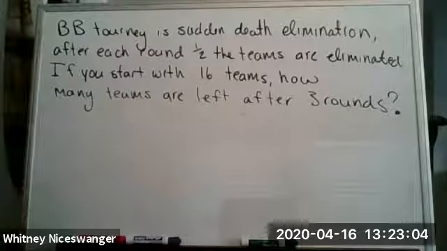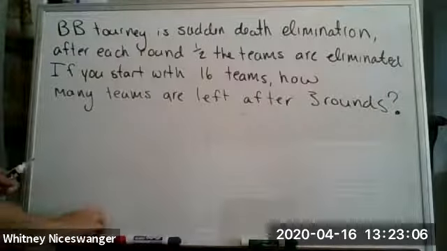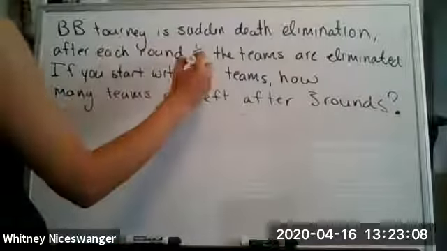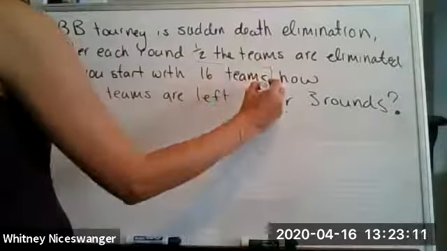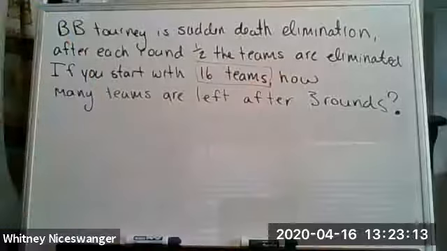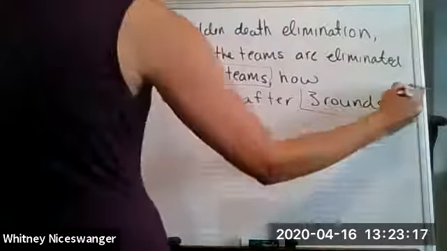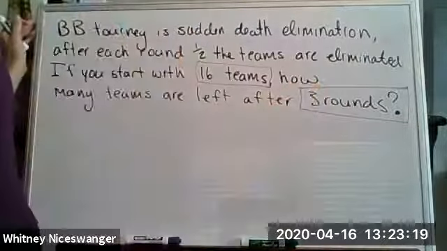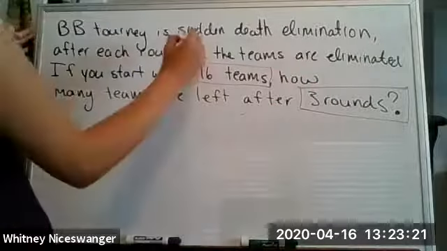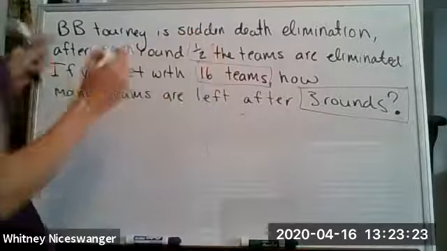So we want to know if we start with 16 teams, so our initial amount is going to be 16 teams, how many teams are going to be left after 3 rounds? So our time here is in rounds, 3 rounds, and our rate is going to be 1/2.